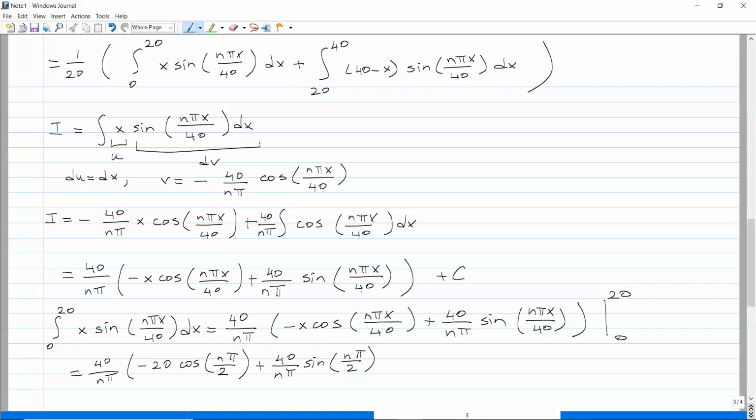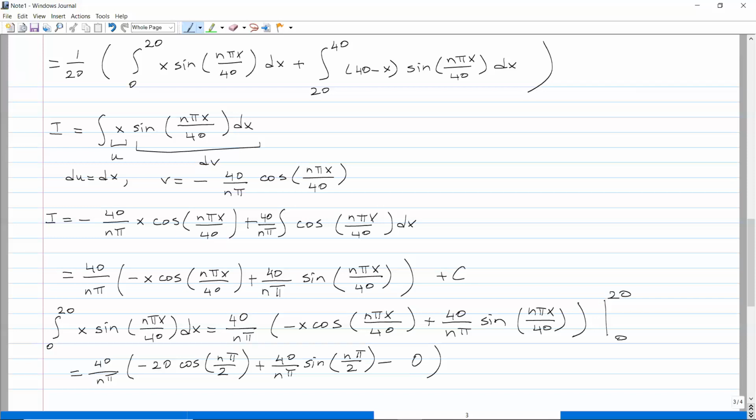Okay, and then minus, if you substitute 0, you see the first part, x cosine, since I use x equals 0, that part is going to be 0. The second part, when x is 0, we have sine 0, so it's going to be 0.